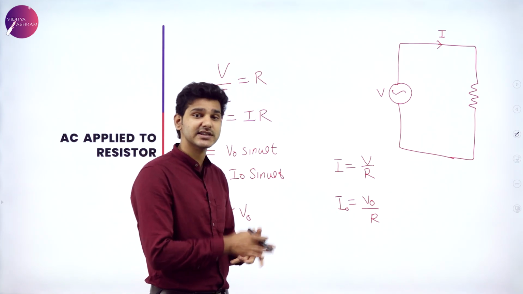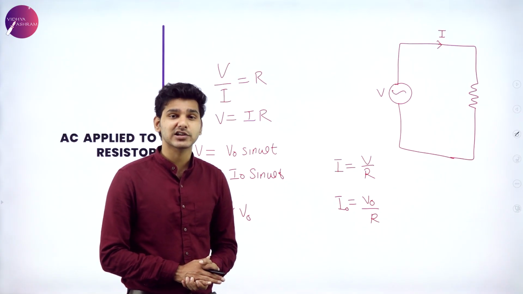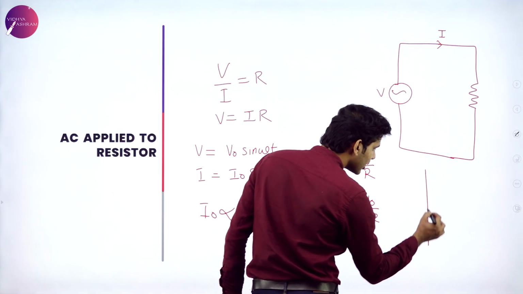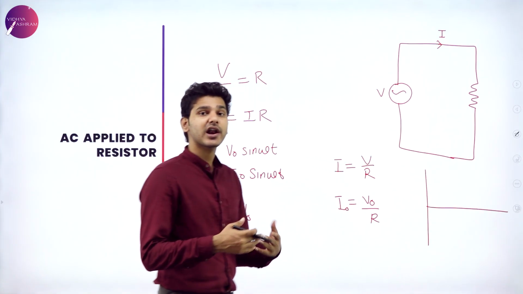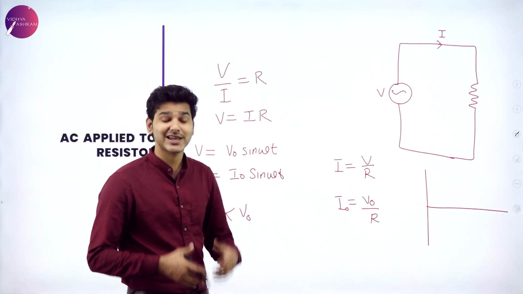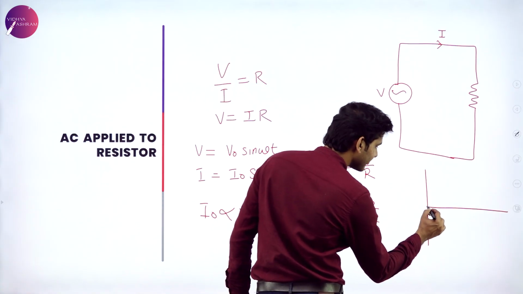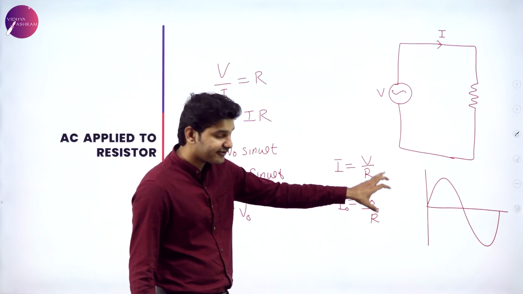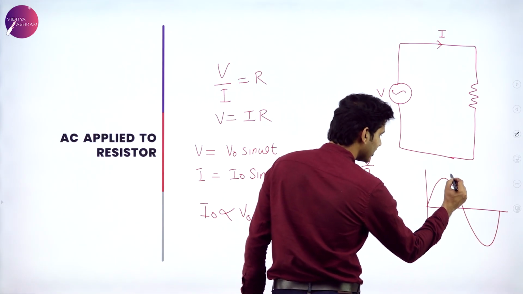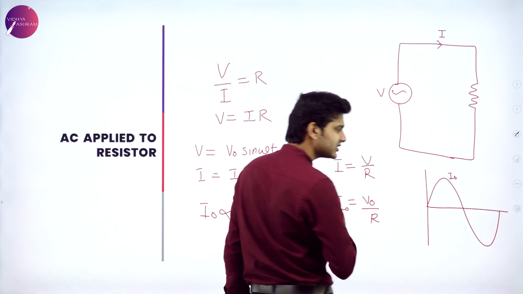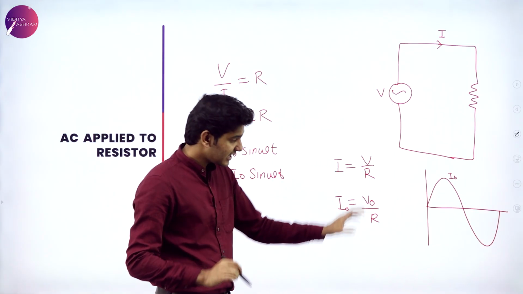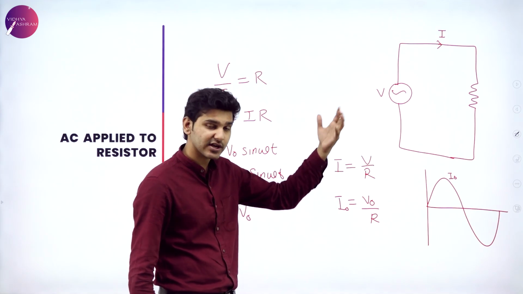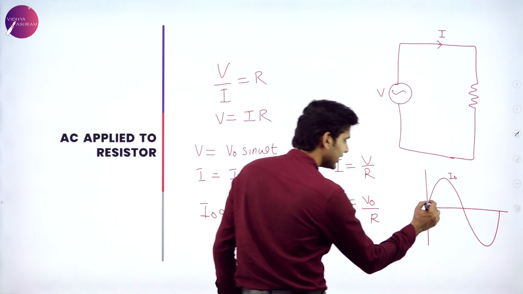The significance here is that current and voltage are actually in phase with each other, which means that if I draw a graph containing current and voltage, and this is the graph for current, let's say this is I naught, then if I trace out the voltage values in the same graph, it will be like this.